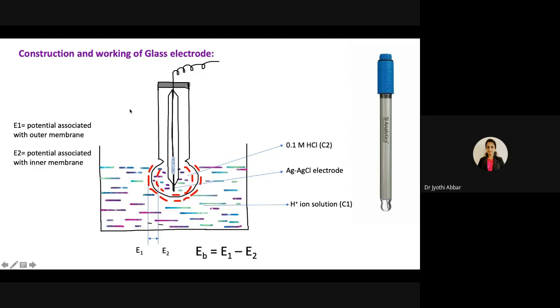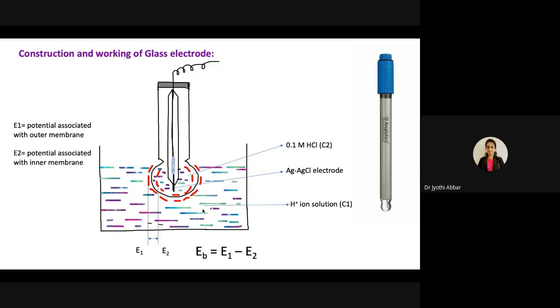Then this entire electrode is dipped in the experimental solution of the H plus ion, which we represent by C1. Now the glass membrane is in contact with H plus ionic solutions of different concentrations: inside the bulb one concentration, outside the bulb a different concentration.